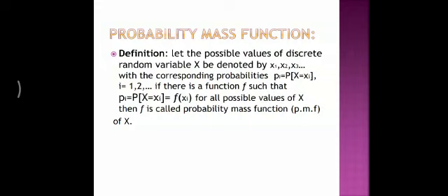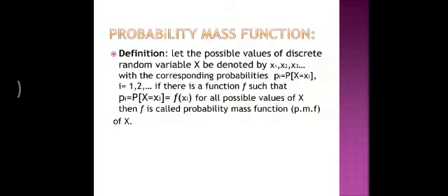If there is a function f such that pi is equal to probability of x equal to xi, which is equal to f of xi for all possible values of x, then f is called the probability mass function of x.